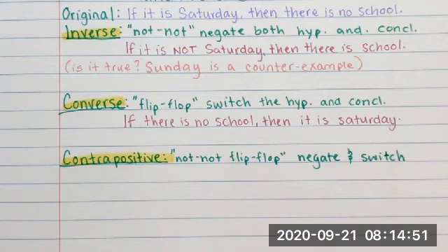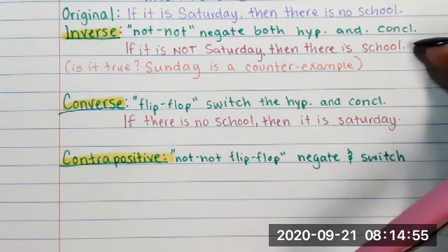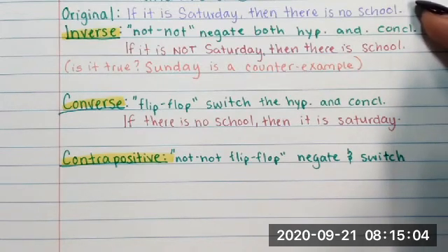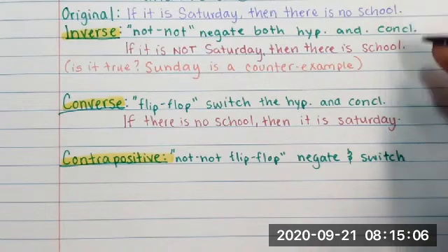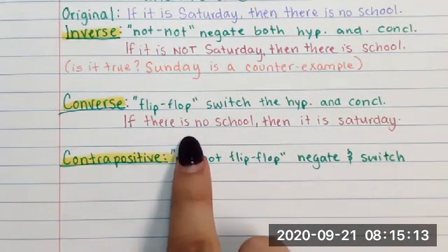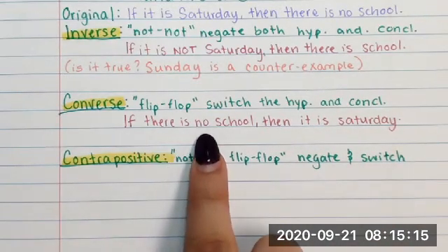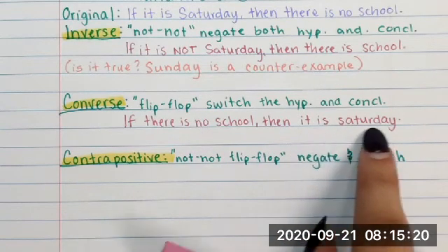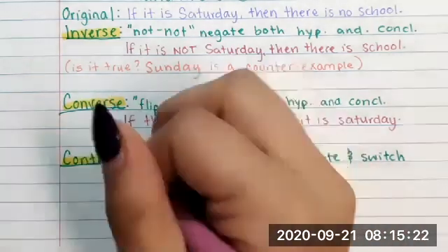So I usually like to find the contrapositive by either looking at my inverse or my converse, but honestly the converse is the easiest. I flip-flop it first. So I take it from if it is Saturday, then there is no school, to if there is no school, then it is Saturday. I flip-flop it. And now I put the not. So if there is not no school, or if there is school, then it is not Saturday.